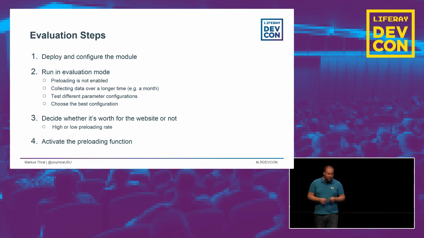You can do that by looking at the preloading rate, which says how often or how much is preloaded. If the rate is high enough for your website, then you can activate the preloading function, and the module starts to reduce the latency for your website.